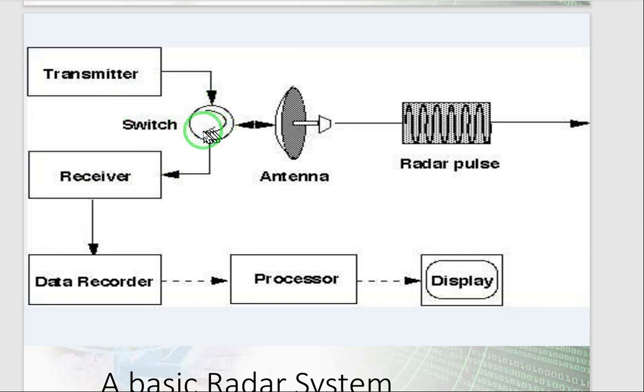This switch is used to transmit or receive one at a time. It controls the transmission and reception of the radio signal through the antenna, which transmits pulses and also receives pulses.